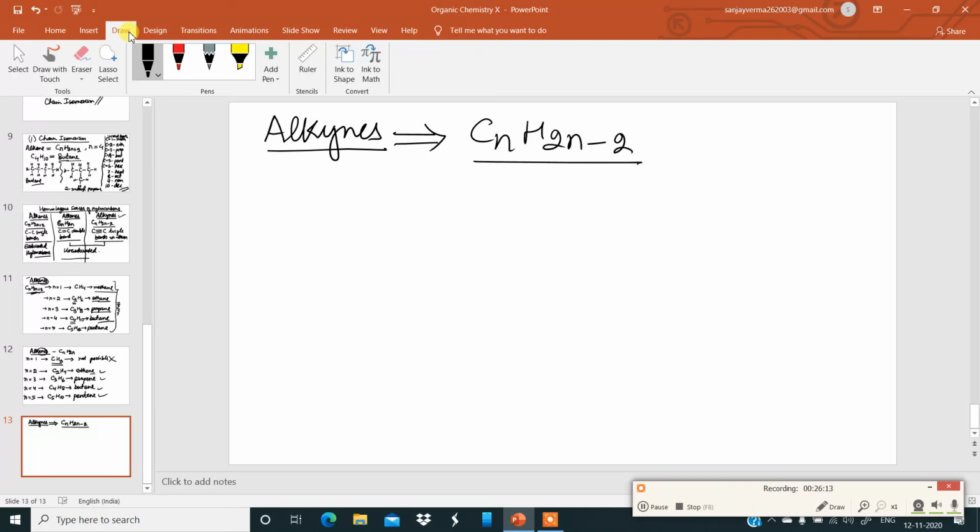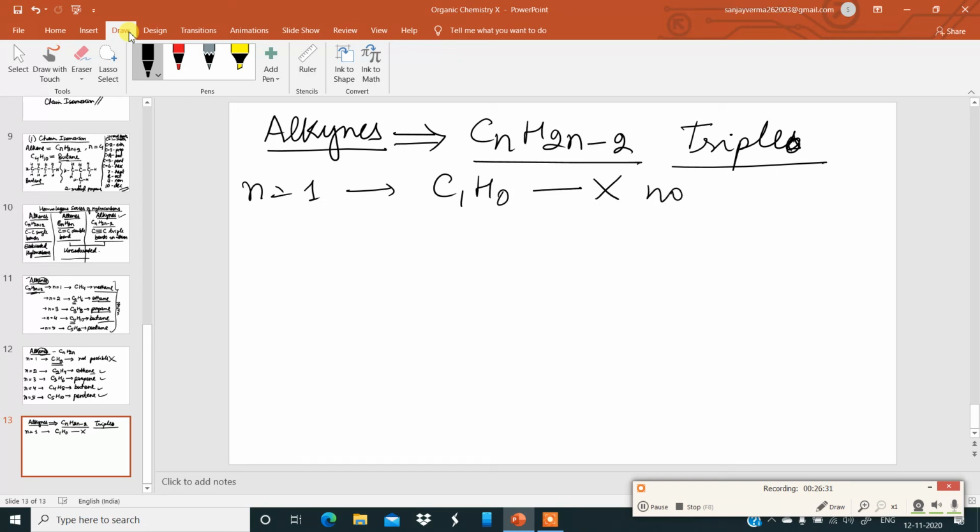For the alkynes, I have told you these are unsaturated, containing carbon-carbon triple bonds. So put the value of n equal to 1. You will get C1H0. This one is not possible.